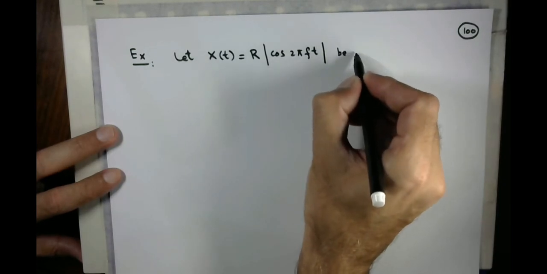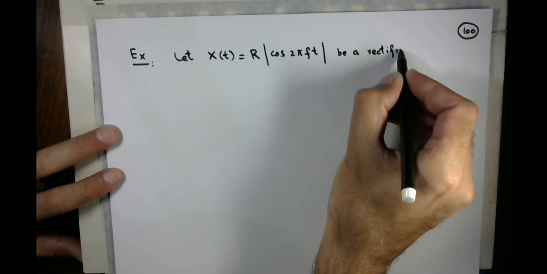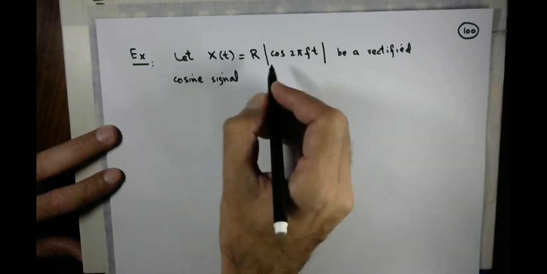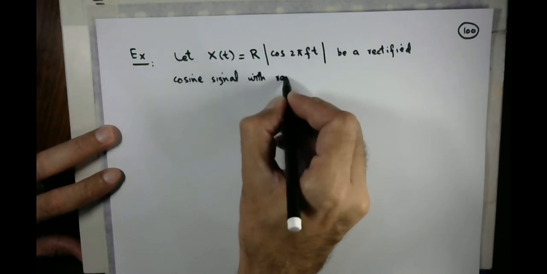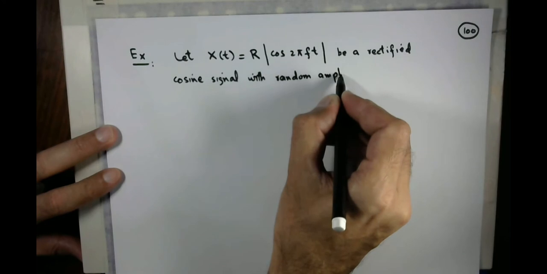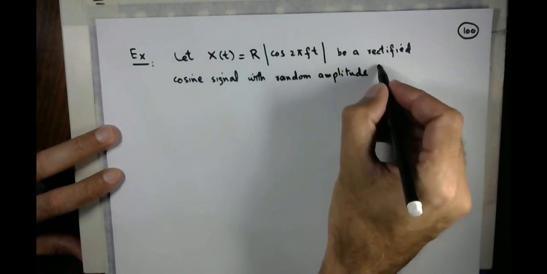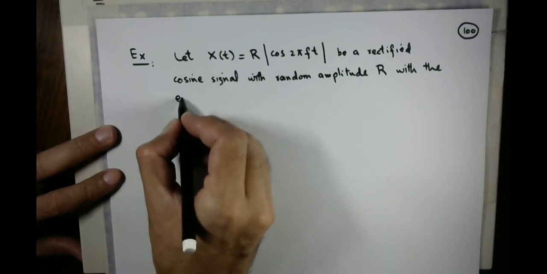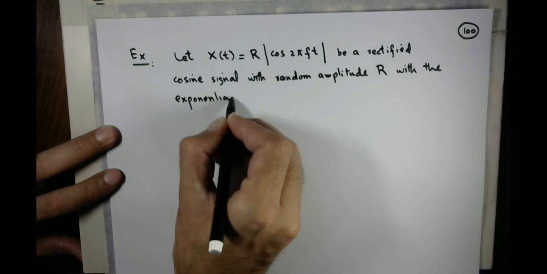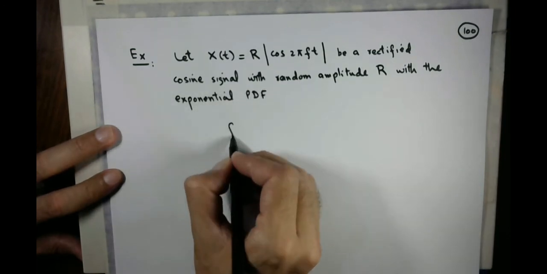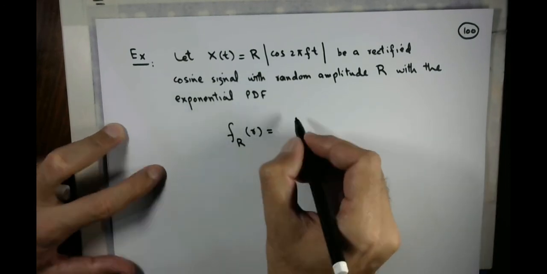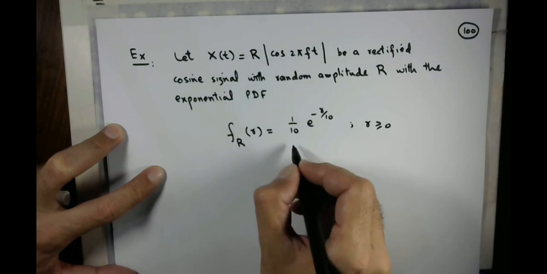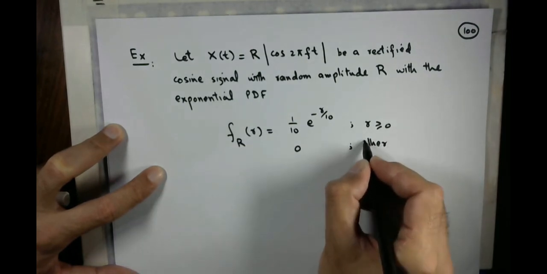Let X of t be a rectified cosine signal with random amplitude R with the exponential PDF f sub R of r equal to 1 over 10 e raised to the power minus r by 10 for r greater than or equal to 0, and equal to 0 otherwise.